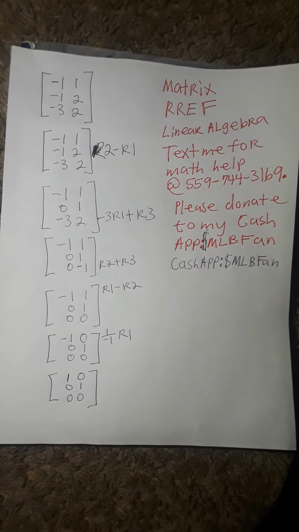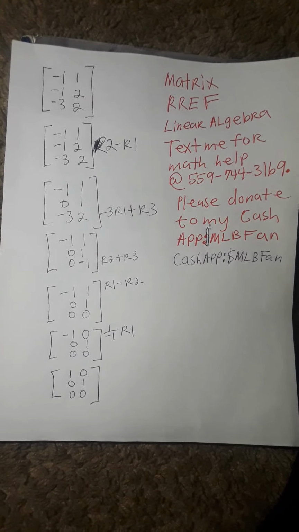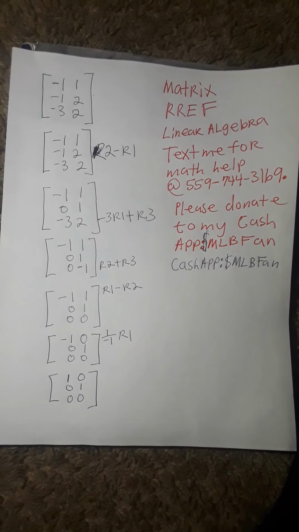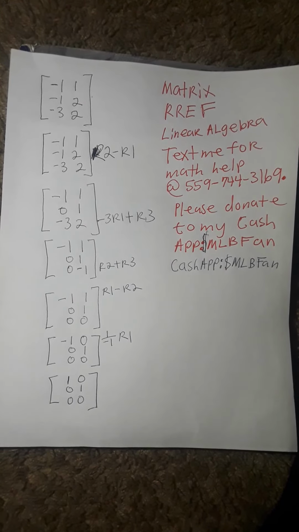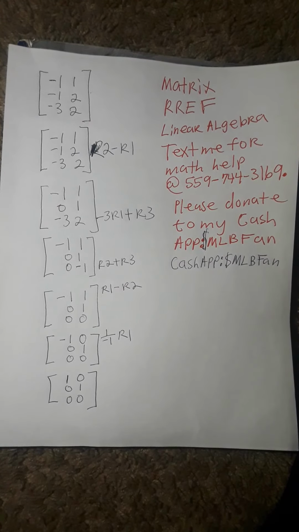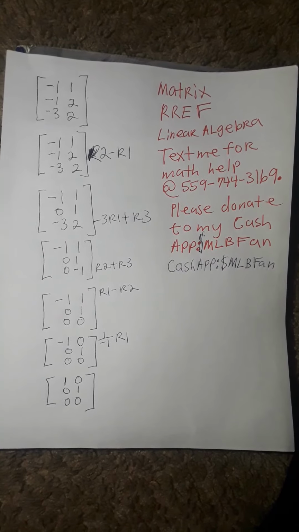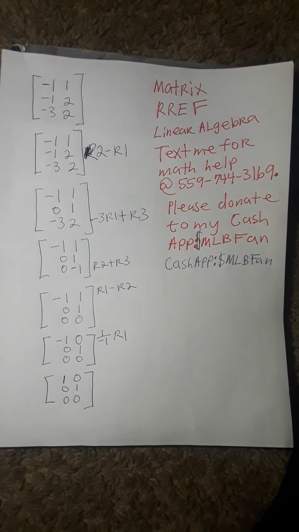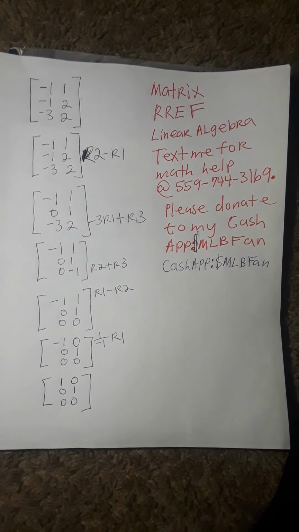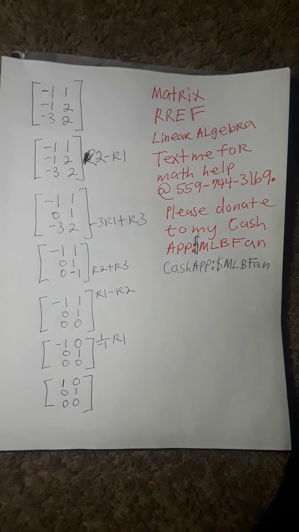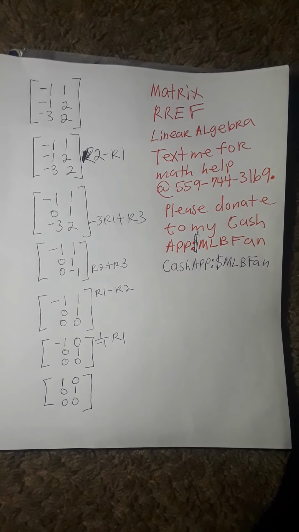The first step, we want to do row 2 minus row 1. In the very opening matrix, row 2 is -1 and 2. So, to calculate row 2 minus row 1, we look at row 1, and in row 1 we see -1, 1.